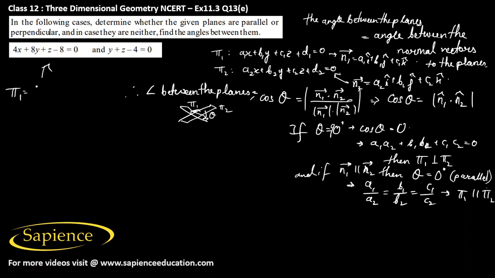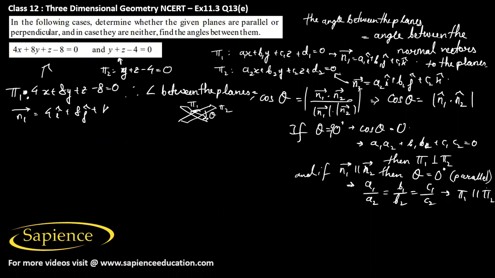So now the plane pi1 is given as 4x plus 8y plus z minus 8 that is equal to 0. And the plane pi2 is given as y plus z minus 4 that is equal to 0. So now here, therefore, n1 vector is equal to 4 i cap plus 8 j cap plus k cap.